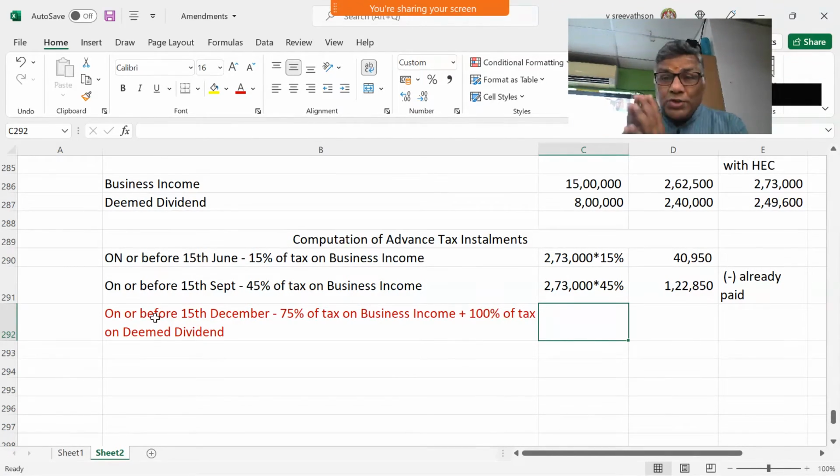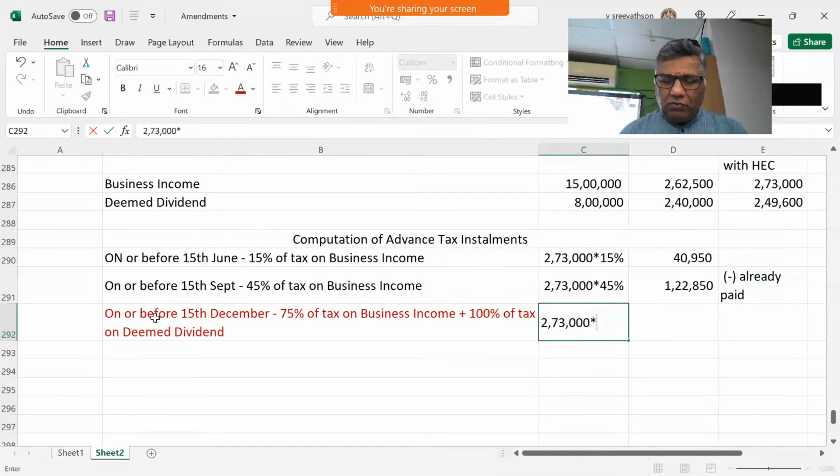Of course, I understand in June and September you cannot estimate. Now there is nothing to estimate. You got that, you pay the tax. Okay, so 2,73,000 into 75% plus 2,49,600.